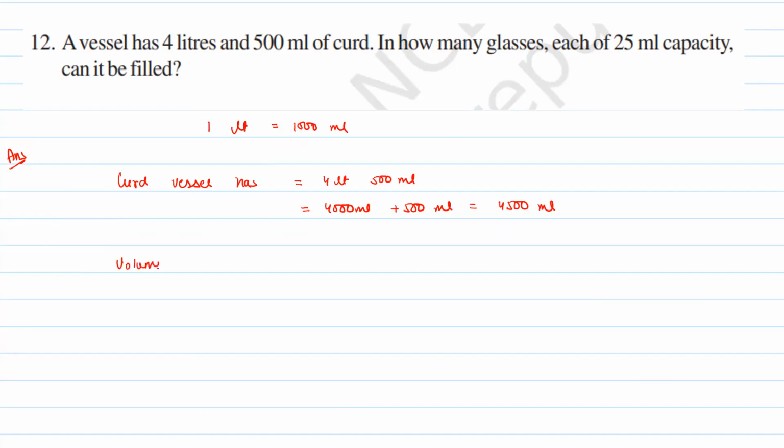Now, in how many glasses? The volume of one glass here is 25 milliliters. So the number of glasses that can be filled by the curd will be 4500 milliliters divided by 25 milliliters, but we are not writing the units because the milliliters will cancel, so we get the number of glasses.